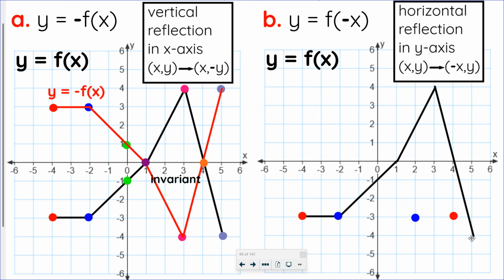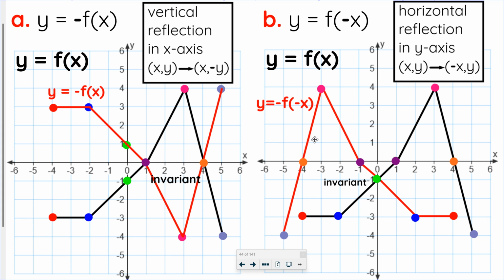Any points to the right of the y-axis are reflected to be to the left. In terms of my intercepts, my x-intercepts change, but because this is a horizontal reflection, anything on the line of reflection, the y-intercept, stays the same. Then I just connect my dots, and there is my equation, y equals f of negative x. So that is a horizontal and a vertical reflection.